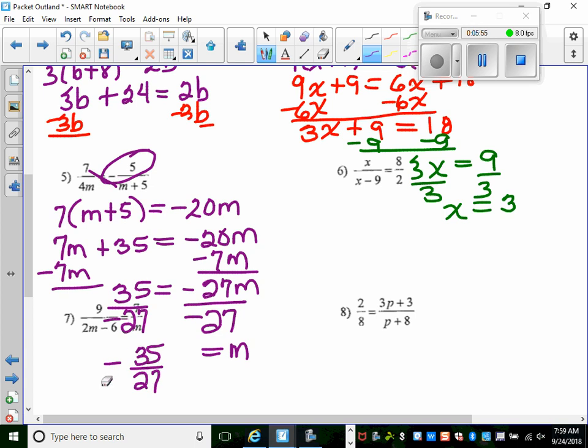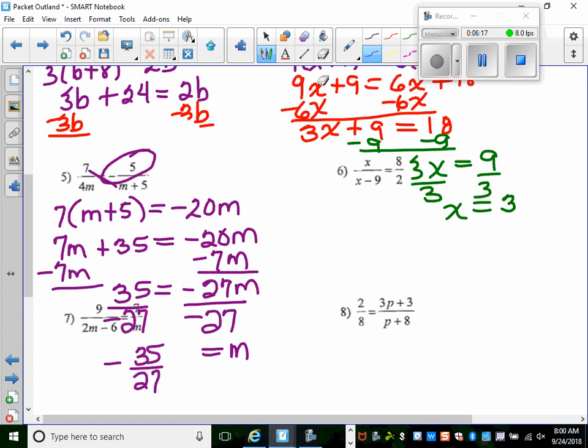You can just bring this negative out in front of the entire fraction. It doesn't need to just stay in the denominator. Of course, if you ended up with a negative 35 over a negative 27, a negative divided by a negative is a positive, right?